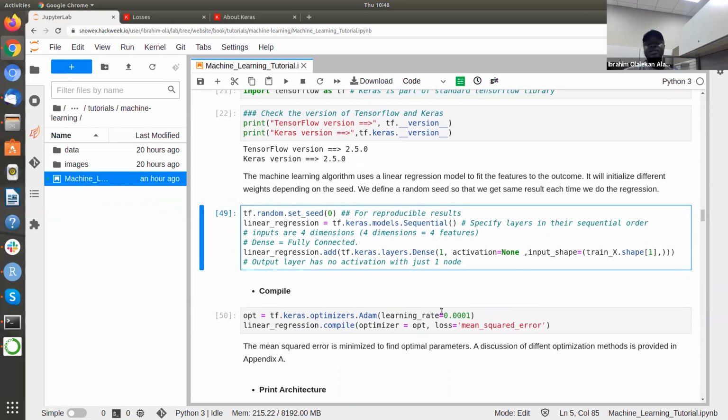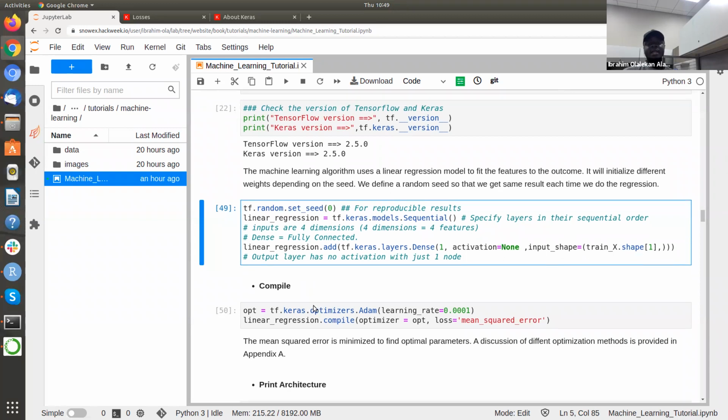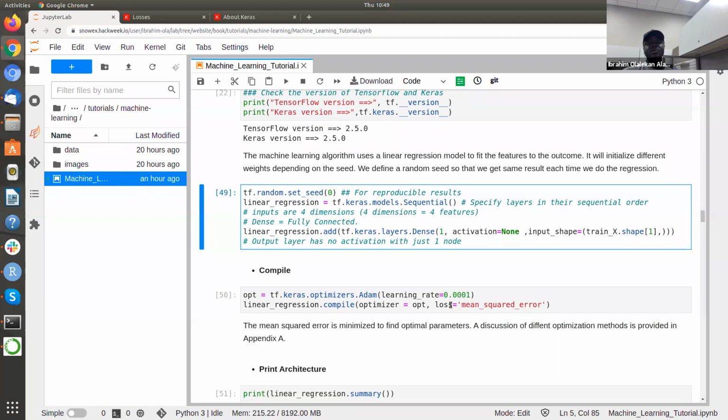And then the next thing I do, after specifying the shape of my model, is to compile my model. By compiling, we simply mean this is where you specify the kind of loss you want to minimize, and then you specify the optimizer you want to use.